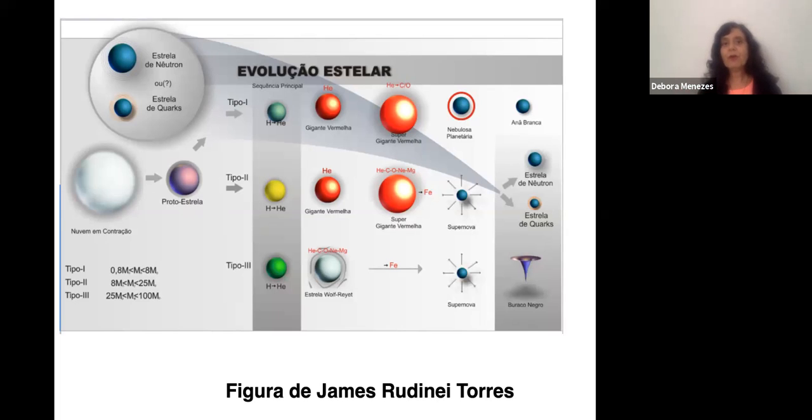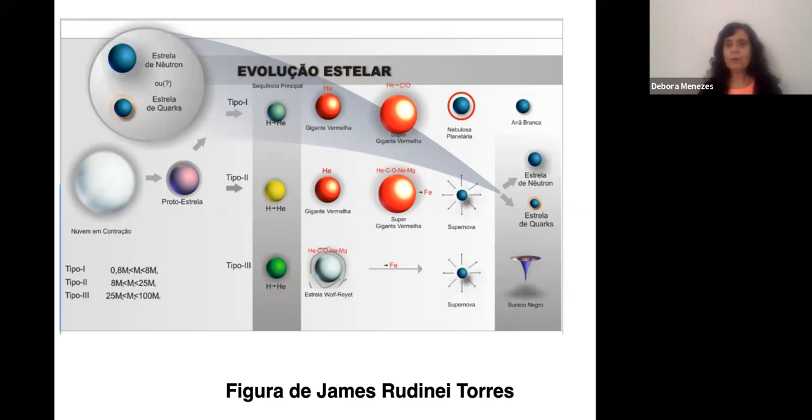If we focus on type 1, we see that we have this main sequence. All of them start from this main sequence, and then the rest of their life is much faster. And then they start fusing hydrogen into helium, and then the outcome doesn't matter too much, except for the last one. So if we have type 1, then the star will become a white dwarf. This is what's going to happen to the sun, to our star.